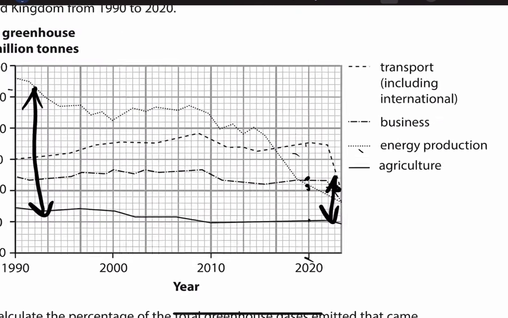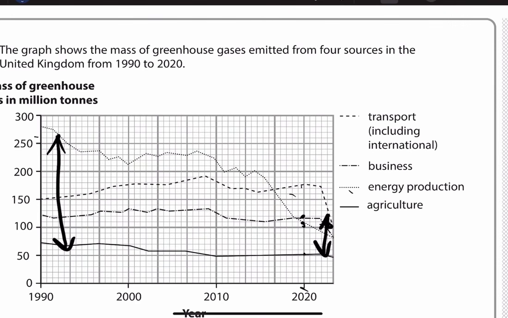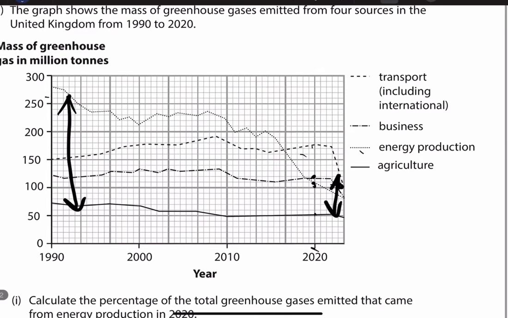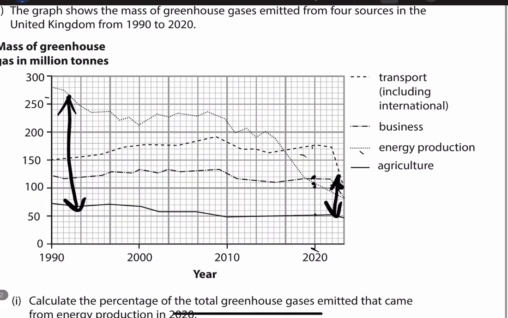For transport, you can talk about public transport, the rise in public transportation being so ubiquitous, the fact that fewer people are buying cars because cities are becoming more walkable. All of those help with that.